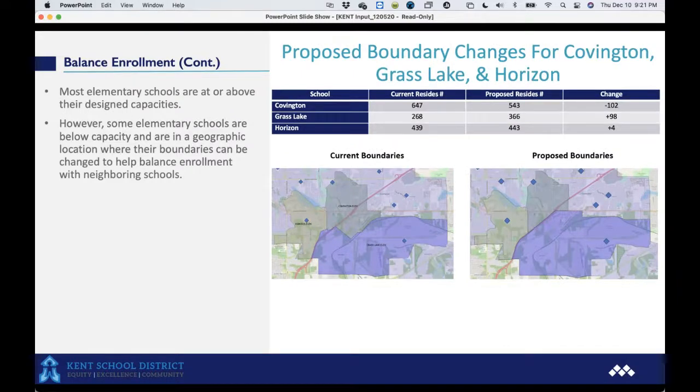And so this slide is looking at Covington, Grass Lake, and Horizon. Again, the map to the left is the current boundary. The map to the right is the proposed boundary. And then the table is the current resides, the proposed resides, and the change.